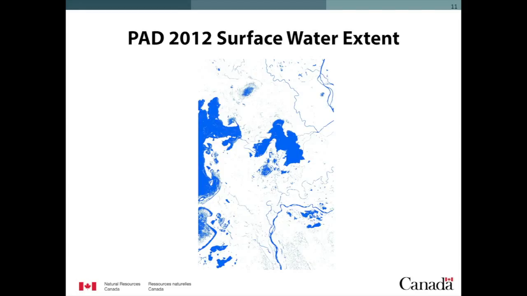So this shows the change in surface water from May through to November for the Peace Athabasca Delta region. And we just simply use a thresholding technique and identify water. In tomorrow's training, John and Valentine will go over this process in some detail and describe how it's done.